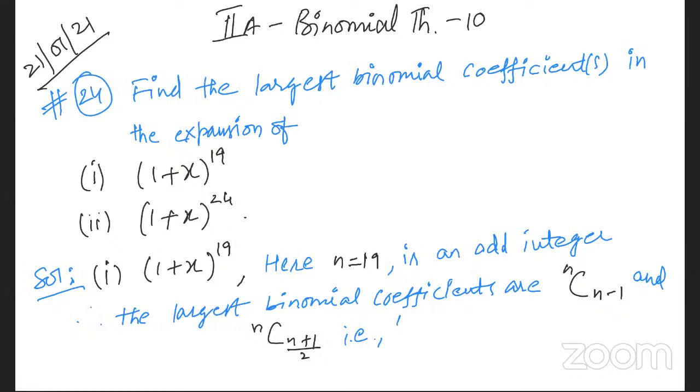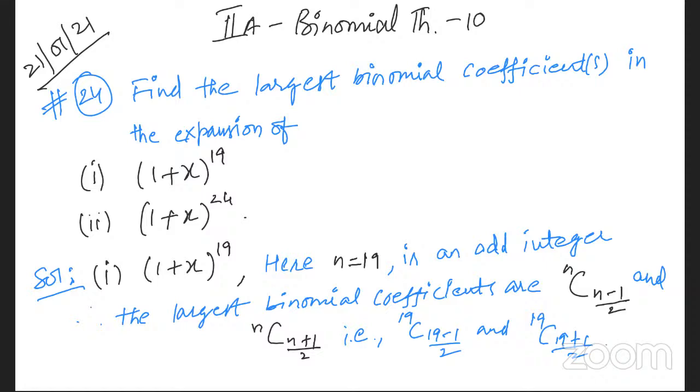So we get 19C(19 minus 1)/2 and 19C(19 plus 1)/2.